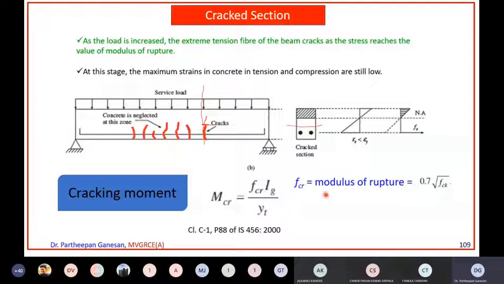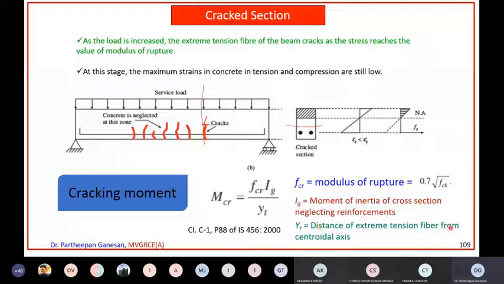So bd cube by 12, that is your Ig. Ig is the moment of inertia of the cross section neglecting the reinforcement. yt is the distance of the extreme tension fiber from the central axis, that is D by 2. So this is the cracking moment. If your applied moment is more than the cracking moment, then cracks start to develop.